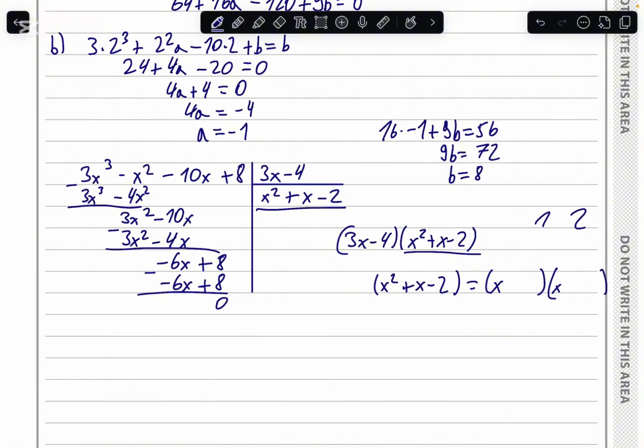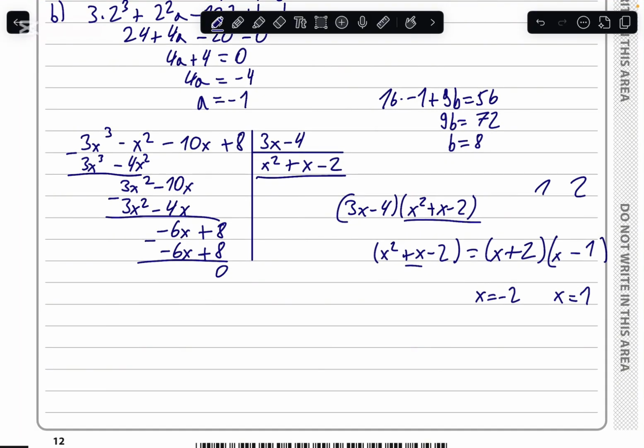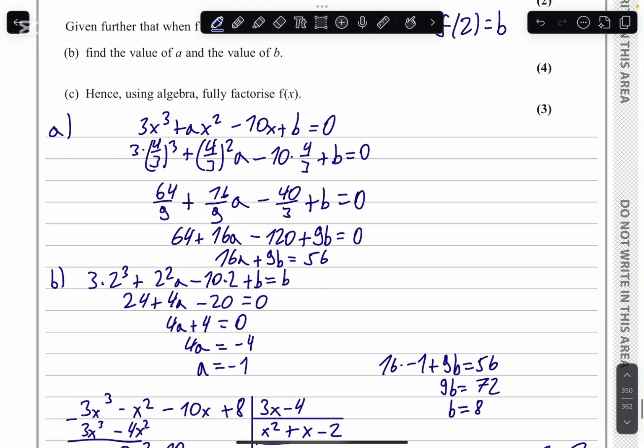One must be negative, one must be positive, but since this value of x is positive, we know that the bigger value must be positive and the smaller value must be negative. So we're left with x is equal to minus 2 and x is equal to 1. Those are also factors, and factorizing that fully, we get 3x minus 4, x plus 2, and x minus 1. That is the fully factorized equation.